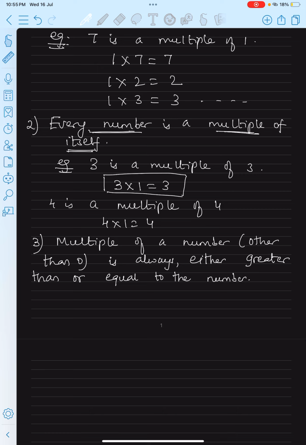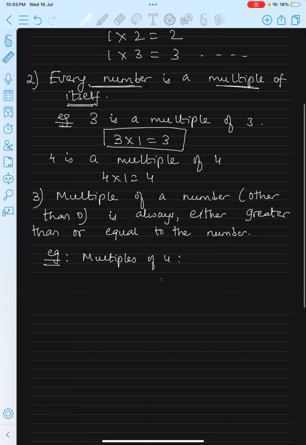Suppose let us take for example multiples of 4. For that we need to take table of 4. How will we write? 4 1s are 4, 4 2s are 8, 4 3s are 12, 4 4s are 16, and so on, right?